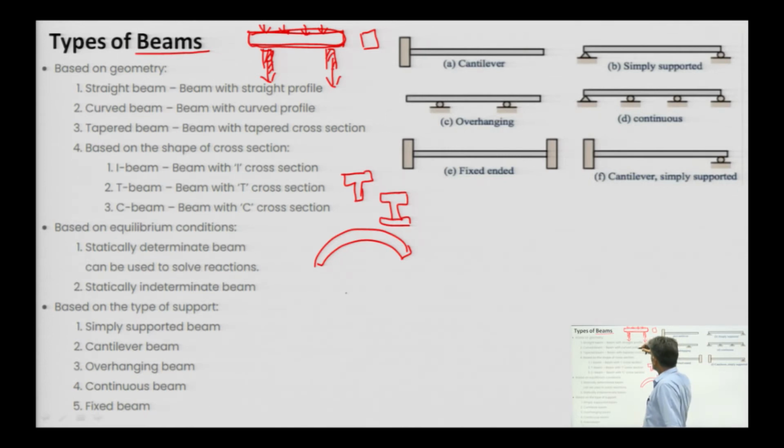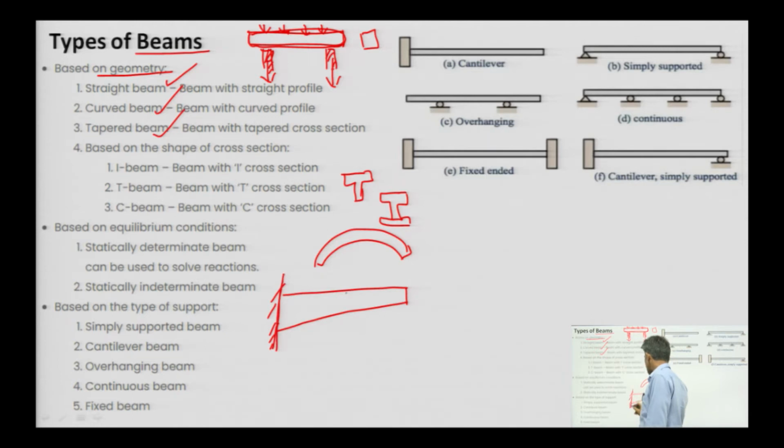So, on the basis of the criteria for classification, first, on the basis of geometry, it can be straight, it can be curved, it can be tapered, okay. We provide the tapered beam at a cantilever, say this one.